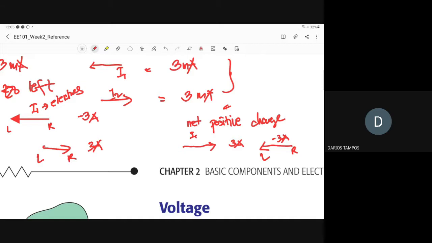Kung mayingon ang question nga electrons ang nag-move, i-reverse ninyo ang sign. Pero kung mayingon siya net positive charge na gani, ayun na i-reverse mo na siya. Kay ang net positive charge. So kana lang gyud ayun na libogan. Net positive charge sa maglantaw.